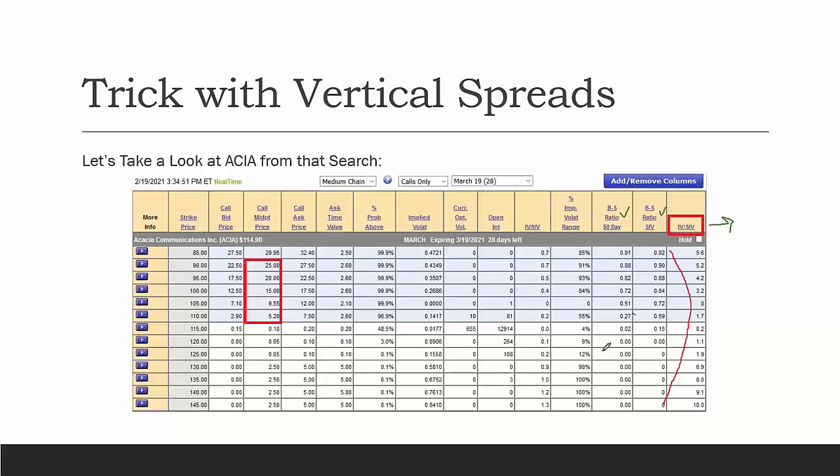The lowest values are right at the money, and then they all increase, meaning I'm getting less undervalued as I go deeper in the money. The percent implied volatility range is less as we go deeper in the money and deeper out of the money. And the IV over HV is very similar. It's getting higher, less undervalued, as we go deeper in the money.